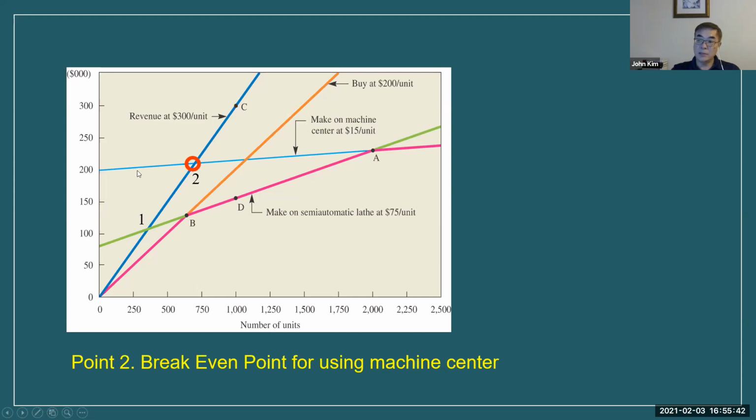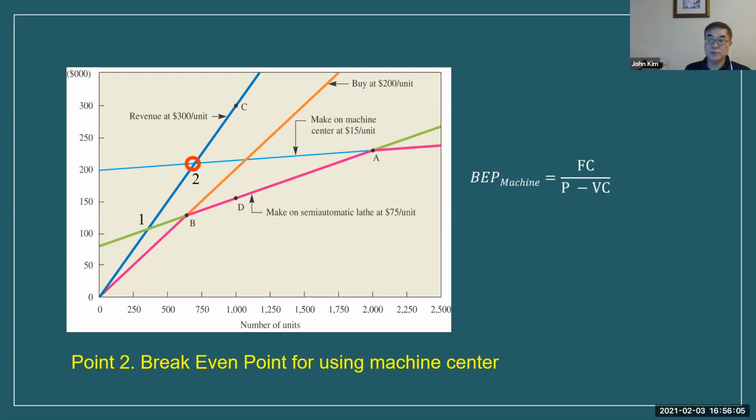Then this option's total cost line crosses the revenue line. So this point is the break-even point for using the Machine Center.